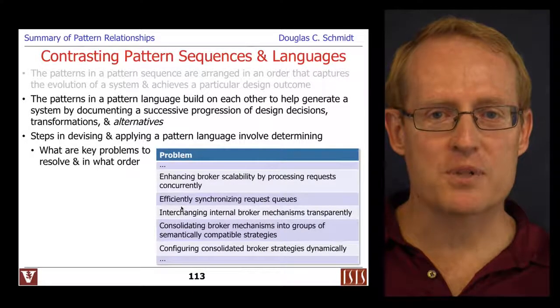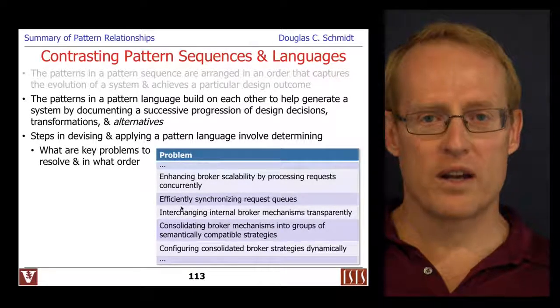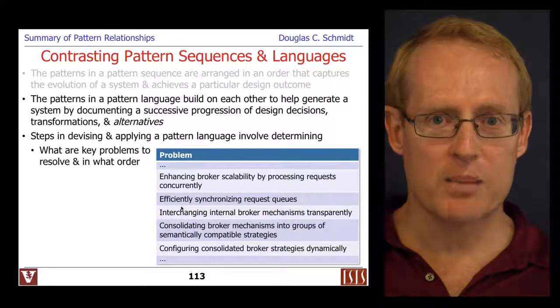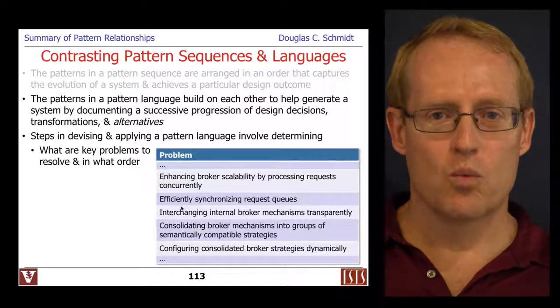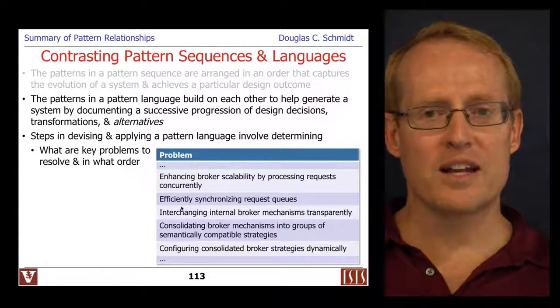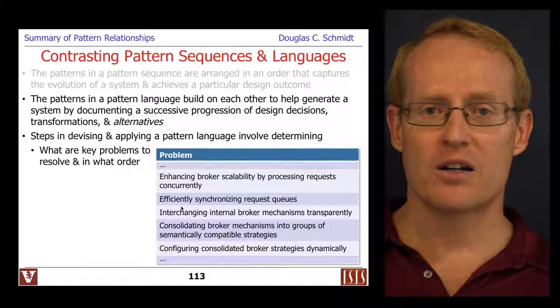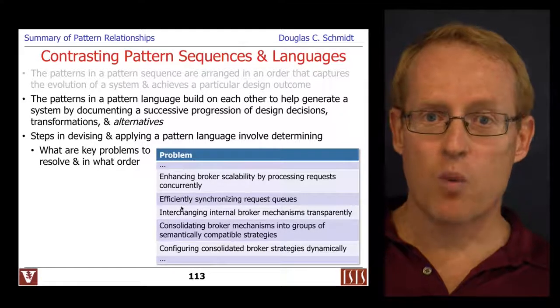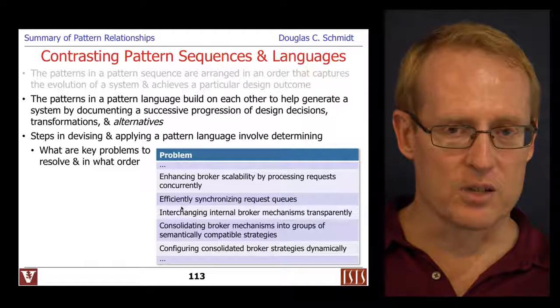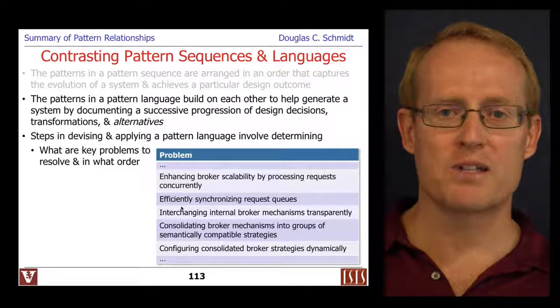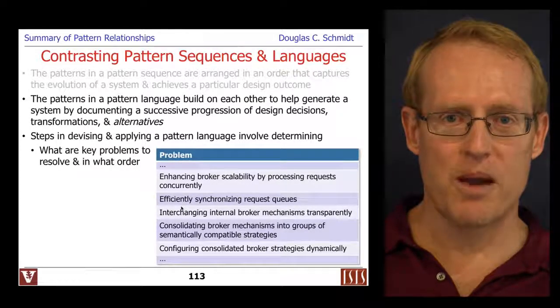There's a number of steps that are applied when developing and using a pattern language. Here are what those steps do. One of the key steps that you need to do is identify what the key problems are that need to be resolved and what order to resolve them in. For example, here's just a little snippet of some of the problems that we're addressing in our particular pattern language.